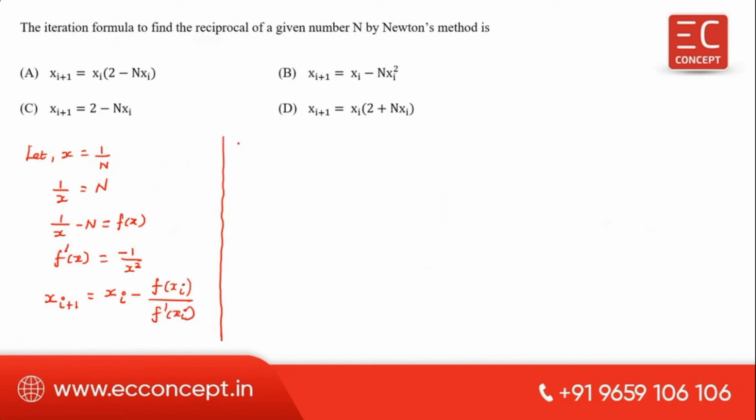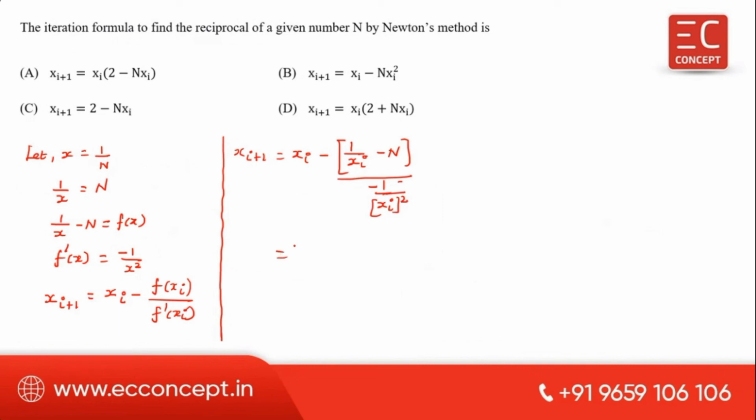So if you put, yeah, first iteration they are asking, right? Therefore, you have to put x_{i+1} = x_i − (1/x_i − n)/(−1/x_i²).